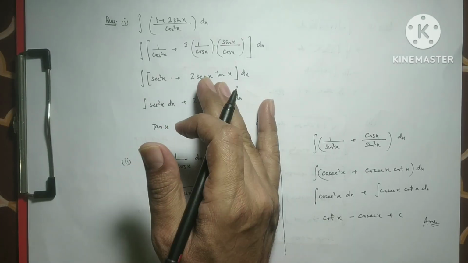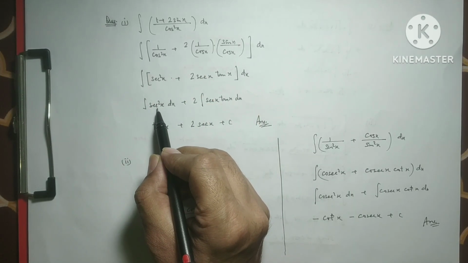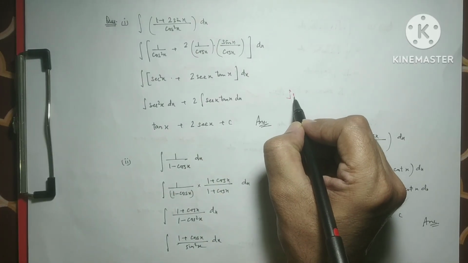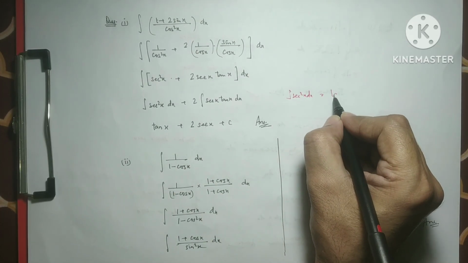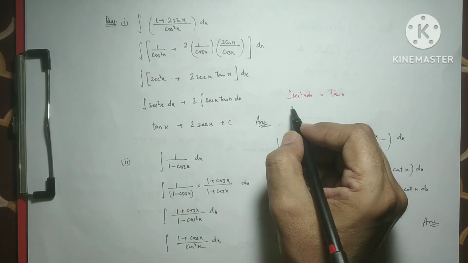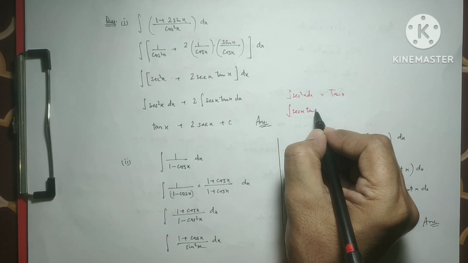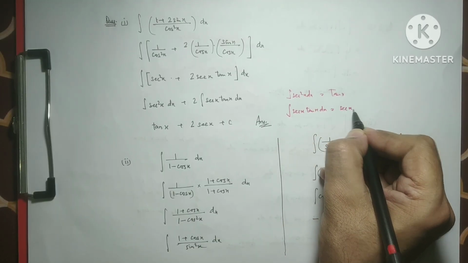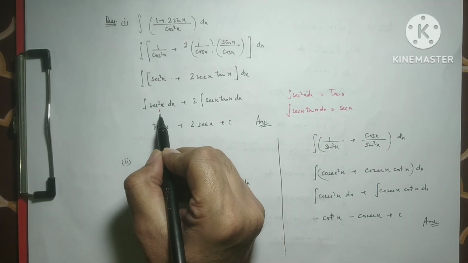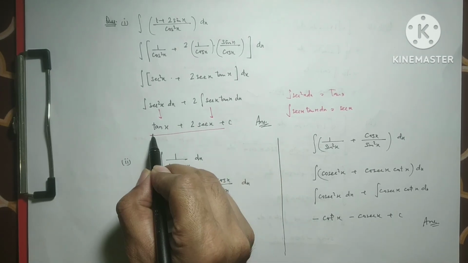Now we separate this and integrate separately. The integration of sec square x is tan x and the integration of sec x tan x is sec x. So this becomes tan x and this becomes 2 sec x. So this is the answer.